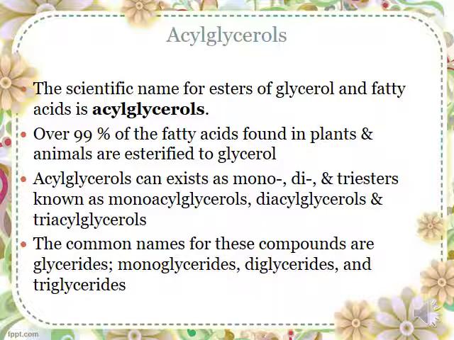And these acylglycerols can exist as mono, di, and also triesters, and they are named monoacylglycerols, diacylglycerols, and also triacylglycerols respectively. However, the more common names for these compounds are monoglycerides, diglycerides, and also triglycerides. So if you come across monoacylglycerol, it's the same as monoglycerides.